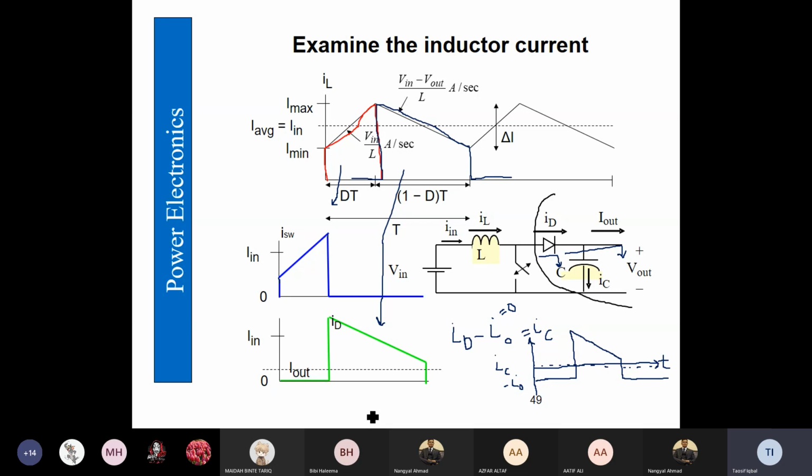So if we put the output current equal to 0, we get the waveform of the capacitor current.